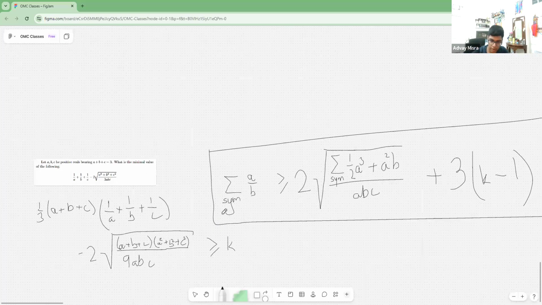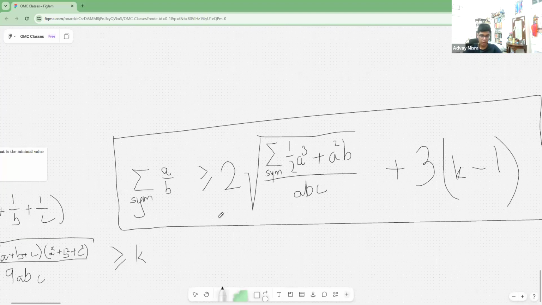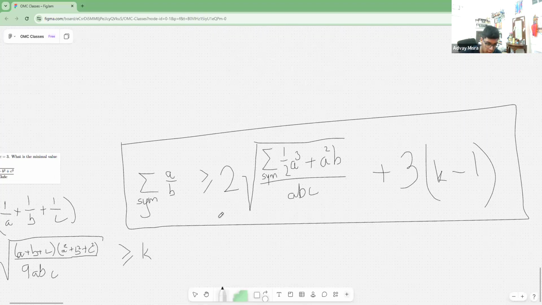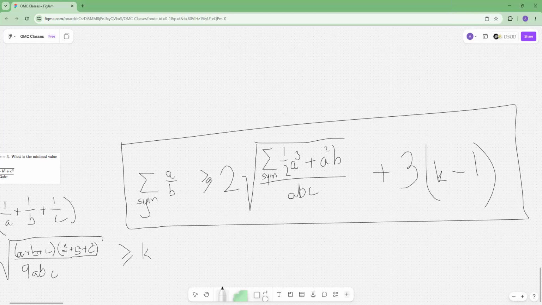So in fact, it turns out that the best you can do is by setting A, B, C all equal. Because the inequality is homogenized in this case, every term is of degree 0 when you combine A, B, and C. So that works out.